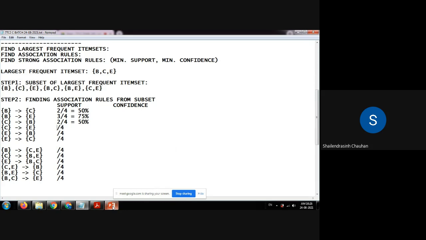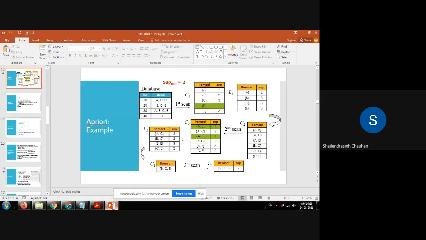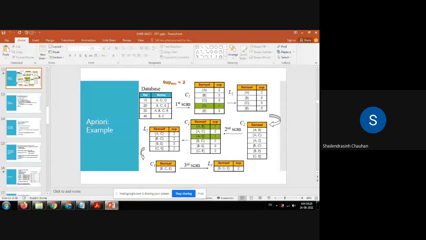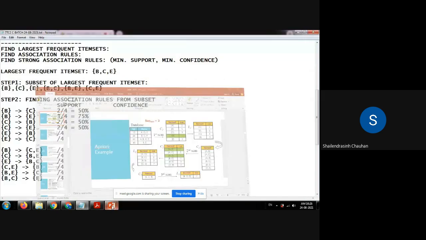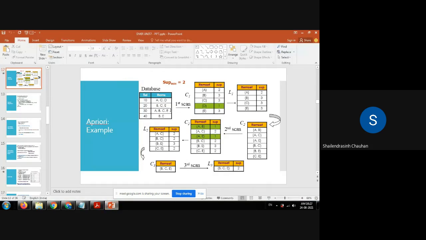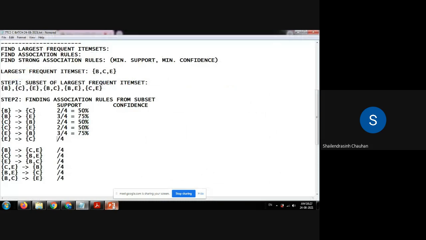Then, in how many transactions you are having CE together? 2 times, T20, 30. 50% of support. EB together, 3 times, so 75% support. EC together, 2 times, 50% support.